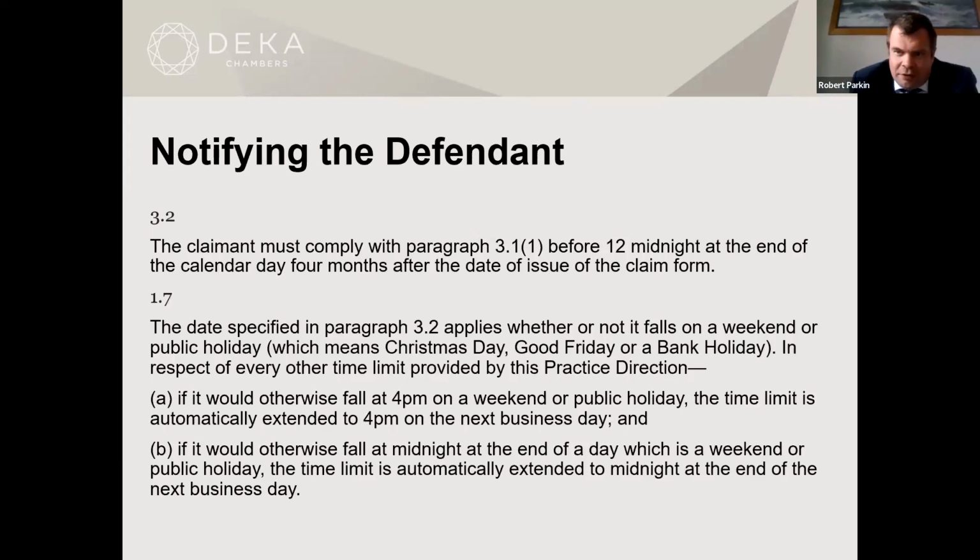This is fairly familiar territory, and you'll see where we're going with this as we go through it. The claimant must comply with paragraph 3.1, so that's notification and service, by 12 midnight at the end of the calendar day, 4 months after the date of issue of the claim form. Paragraph 1.7 excludes certain public holidays, nothing unfamiliar there.